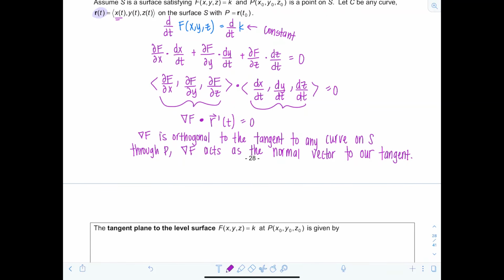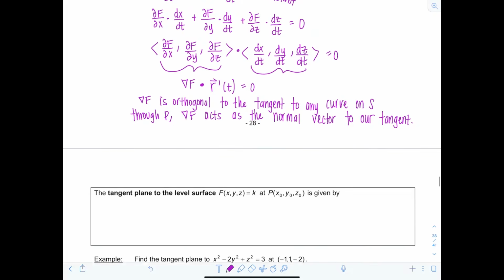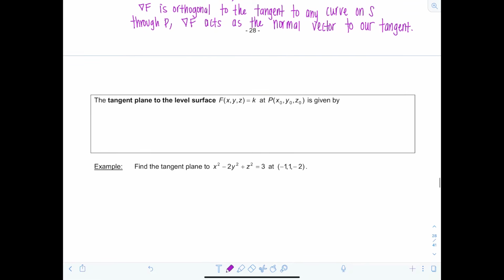Exciting. Okay, so that means the tangent plane to the level surface f of xyz equaling k at some point P is given by using n equal to the gradient of f evaluated at x naught, y naught, z naught as the normal vector.